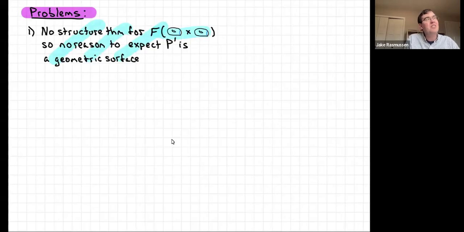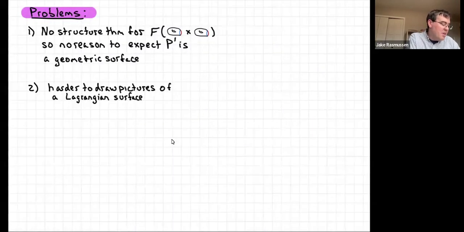We expect that the generic object there looks like an iterated mapping cone of geometric Lagrangians. Pretty bad. Okay, so that's a problem. A less serious, but still an issue, is that it's harder to draw pictures of a Lagrangian surface inside a four manifold. So if you'd like to draw little pictures, that seems more difficult to think about.